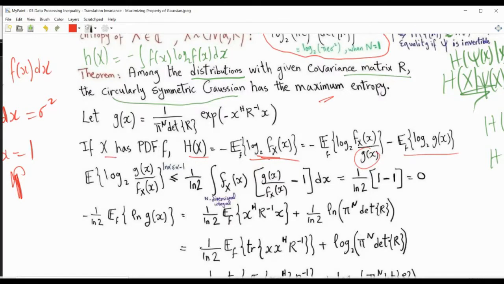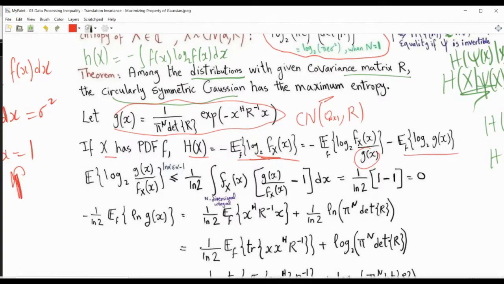The random variable x has a PDF f, and an entropy that depends on f, and I will insert g, which is the PDF of CN with zero mean vector. We won't care about the mean, because of translation invariance.